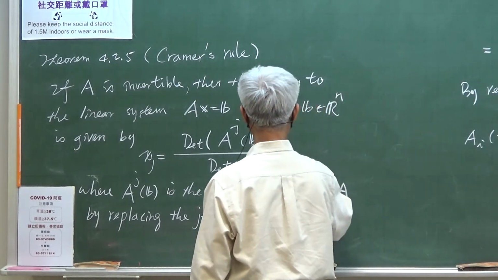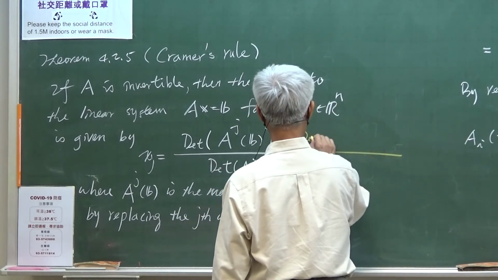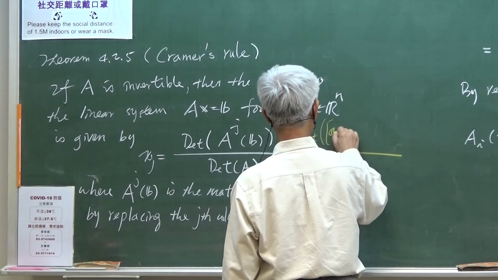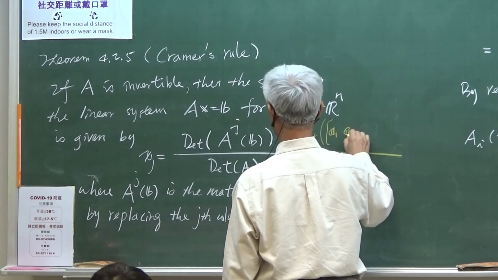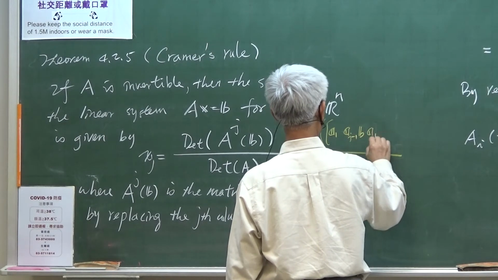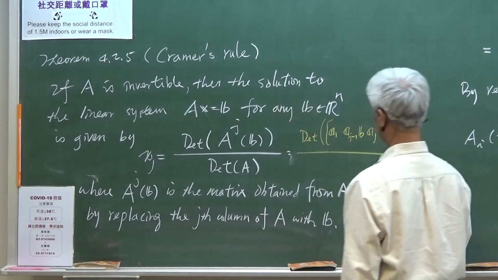Okay, so if you like, I can write it as the determinant of A1, ..., A(j-1), B, A(j+1), ..., An. Right, so we have n columns, right?